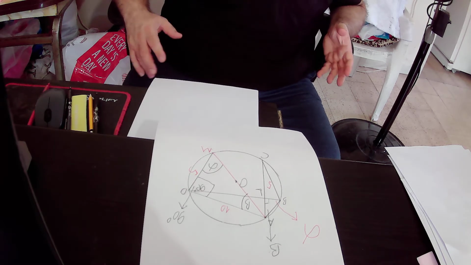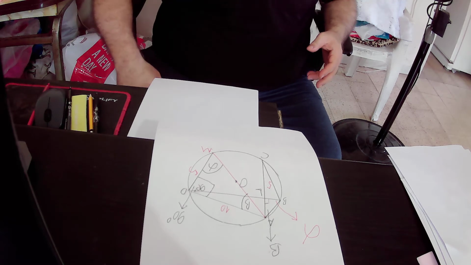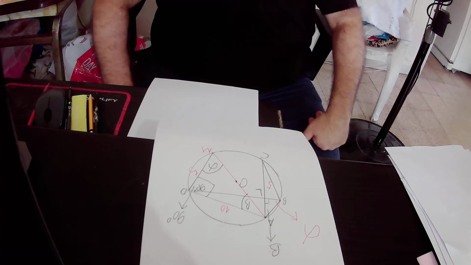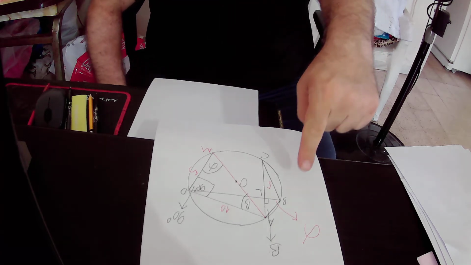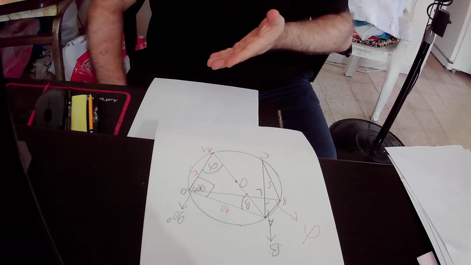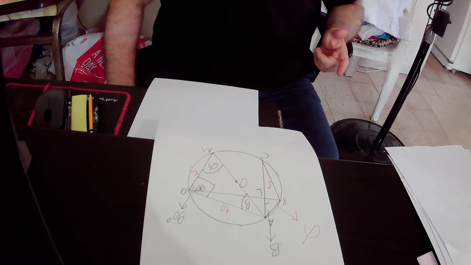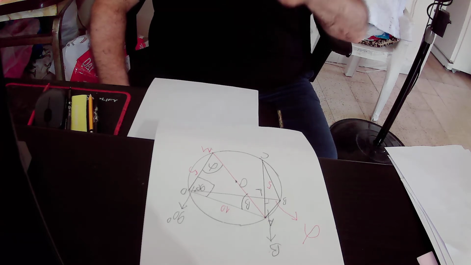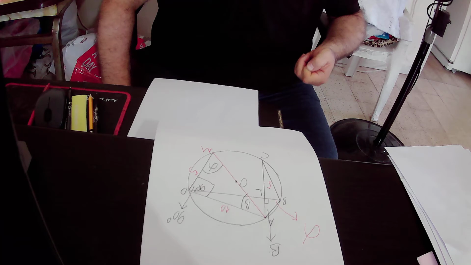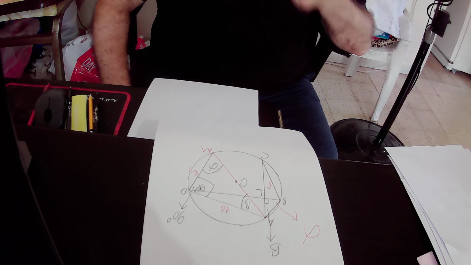So we have one angle that rests on chord BC, and another angle that rests on chord MD. But we know that those two angles are equal to each other. Therefore, they also rest on equal chords.